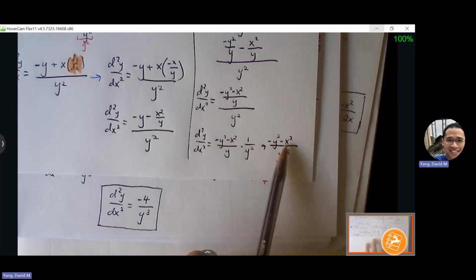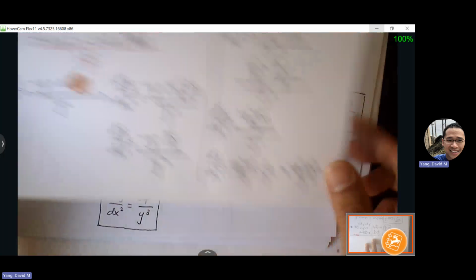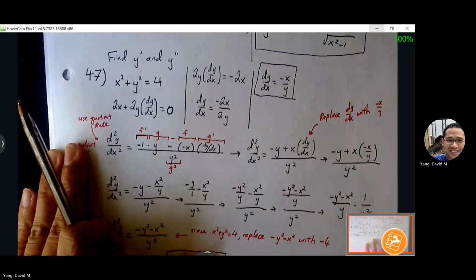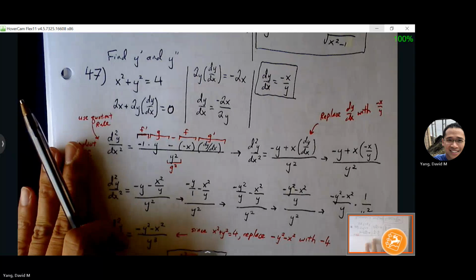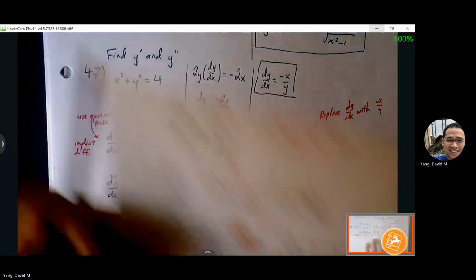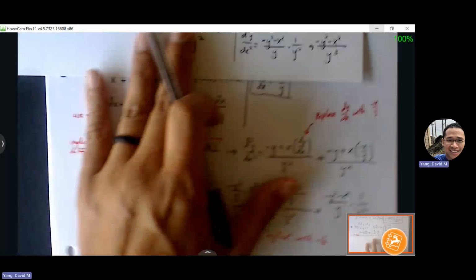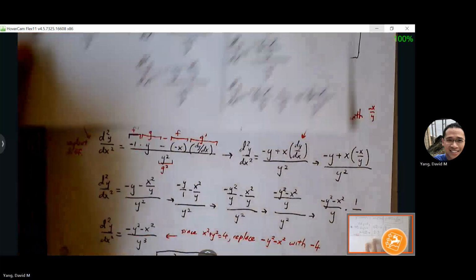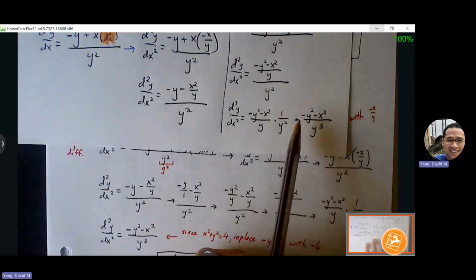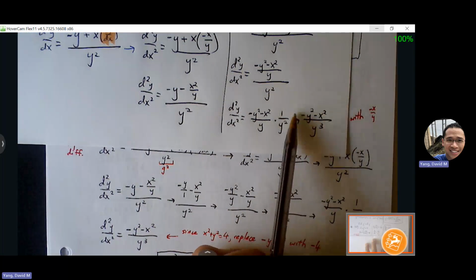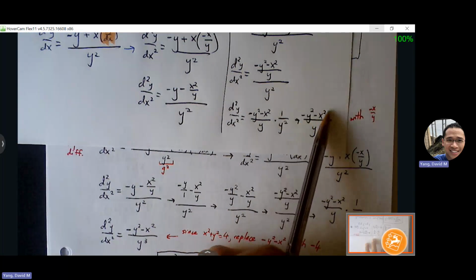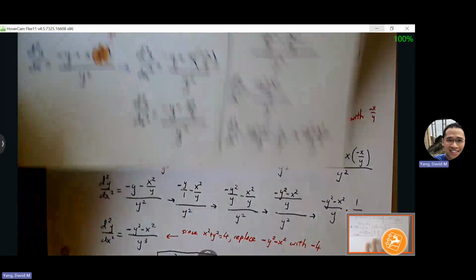What can I replace this negative y squared minus x squared with? Well, there's something that problems like to do here. They want to involve the original equation somehow to make this even simpler looking. Do you see a substitution that is possible?